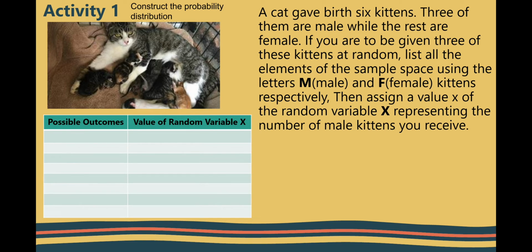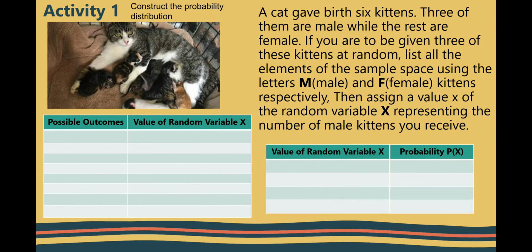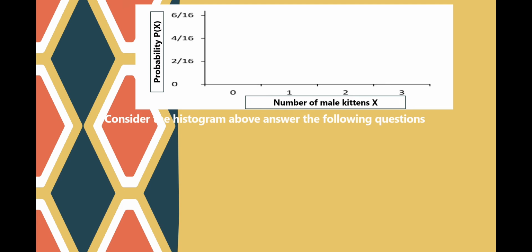So you're going to complete now the table by writing all the possible outcomes and the value of random variable X. Then after that, from the value of random variable X, you're going now to get the probability, which is P of X. Then after that, you're going to make a histogram.